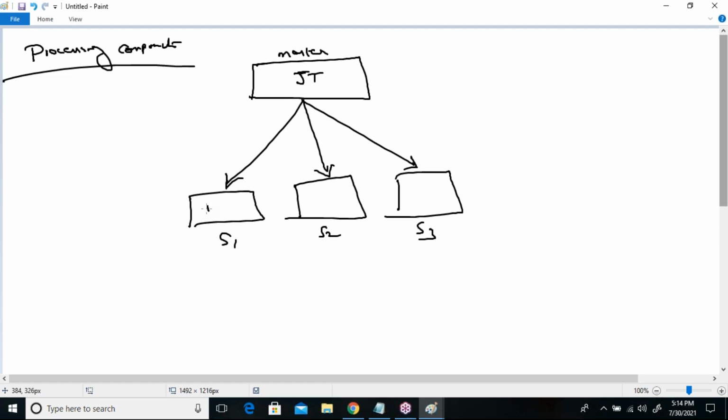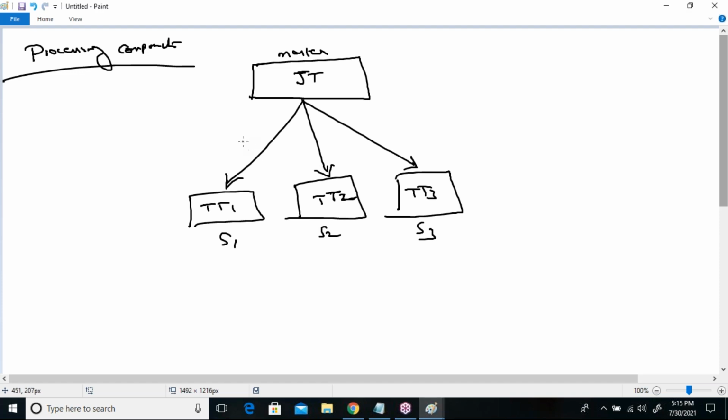Within the data nodes or slave nodes, we have got task tracker 1, task tracker 2, task tracker 3. So however many slaves, that many task trackers. If 4 data nodes, 4 task trackers. Number of slaves equals number of task trackers.